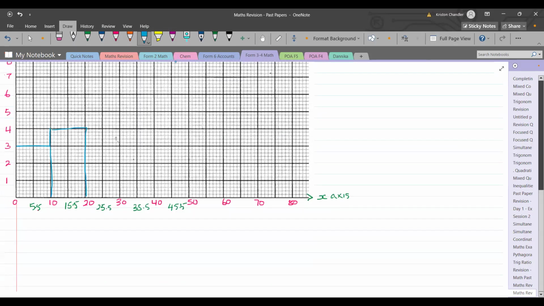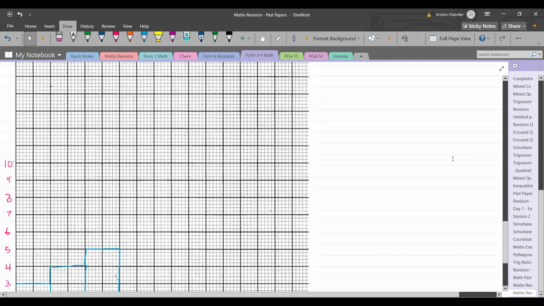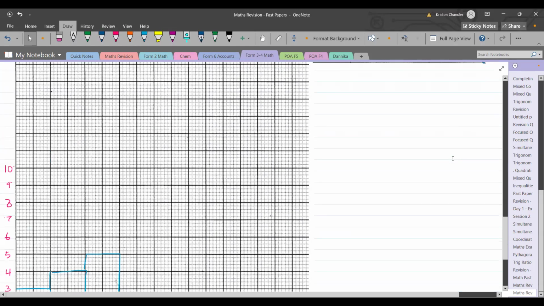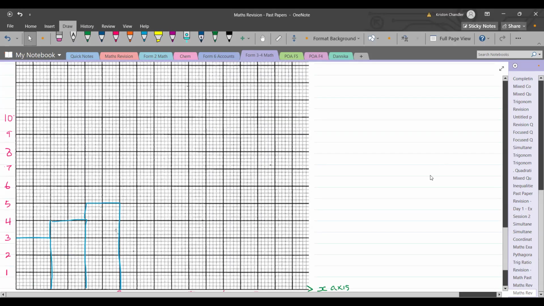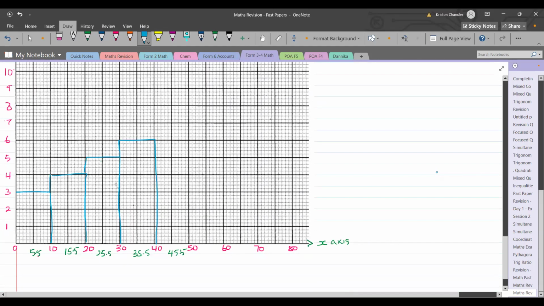So we're going up to 5 now. And then the other one we're going up to is 6. So that column is going up here. And then the other column is going to be 2.